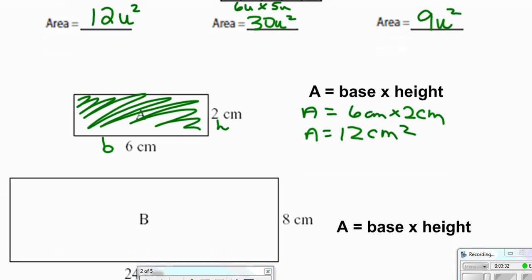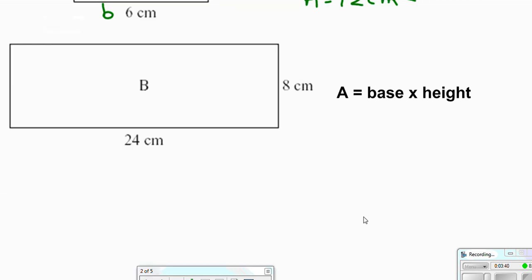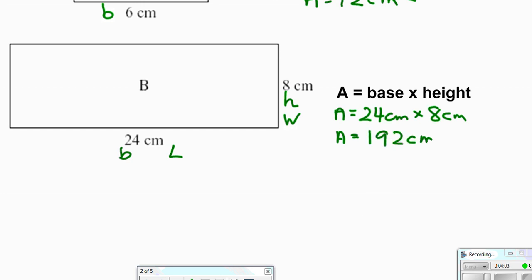Or if we look at this larger rectangle, area equals base times height again. So base of 24 centimeters, a height of 8 centimeters, and I could also use length and width if I wanted to. It doesn't matter, as long as I take the 2 side lengths and multiply them together. We get an area of 192 centimeters squared.